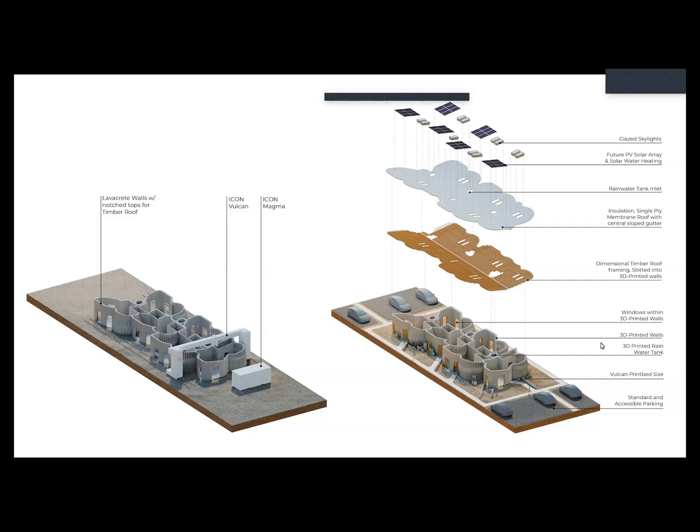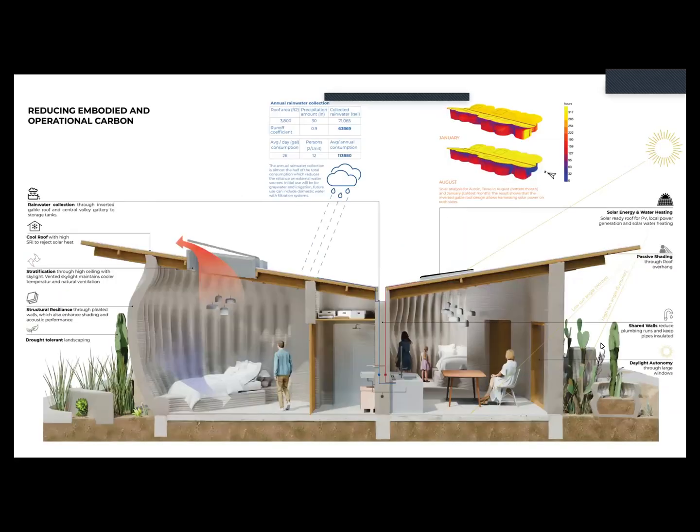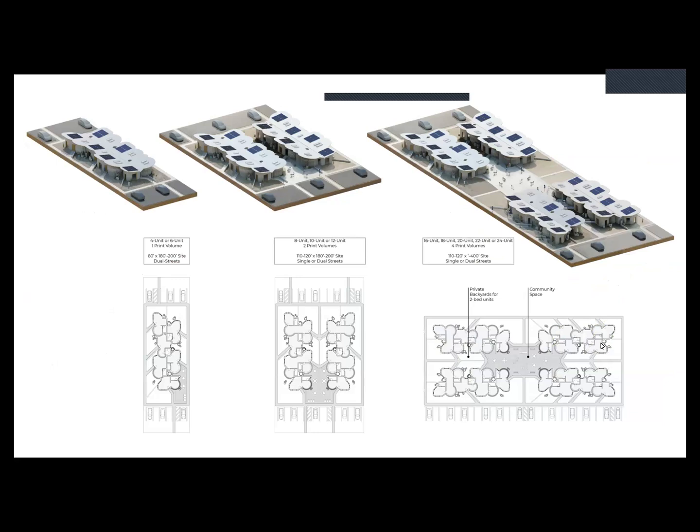And we developed a system which can be printed and built under $99,000. So the idea is also that you have a sustainability concept where we collect the rainwater, we use solar roofs, we use natural ventilation, we did solar analysis and optimized for the size of their current Vulcan 3D print bed size to create these communities.